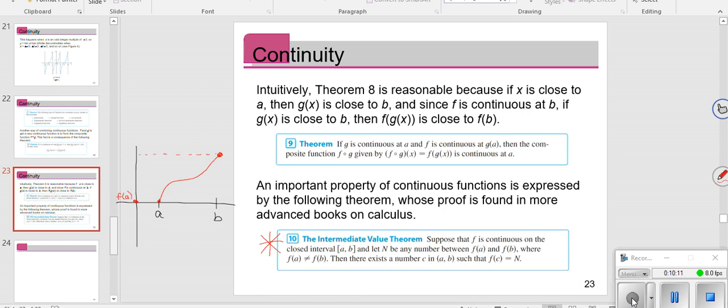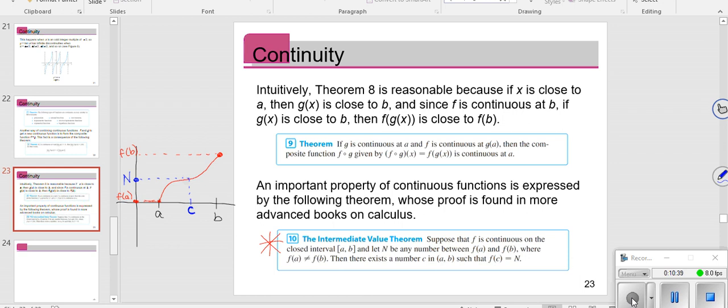This over here is my f of b. So f of a and f of b. What that is saying is that somewhere between a and b, somewhere in the middle here, let's call it this, there exists a c that's going to give us a value of n, and n is between f of a and f of b.